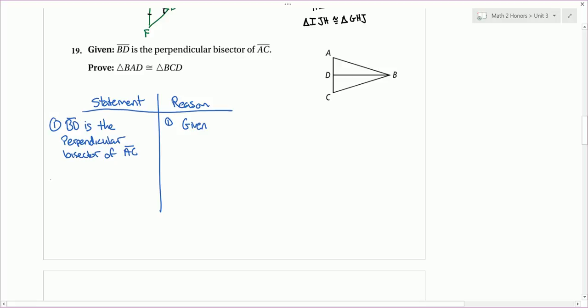Second thing, we have a little freedom. We just got to kind of look and have a plan for how we're going to approach this. The two triangles share a side, BD, and so we can say that BD is congruent to BD. That's our reflexive property.